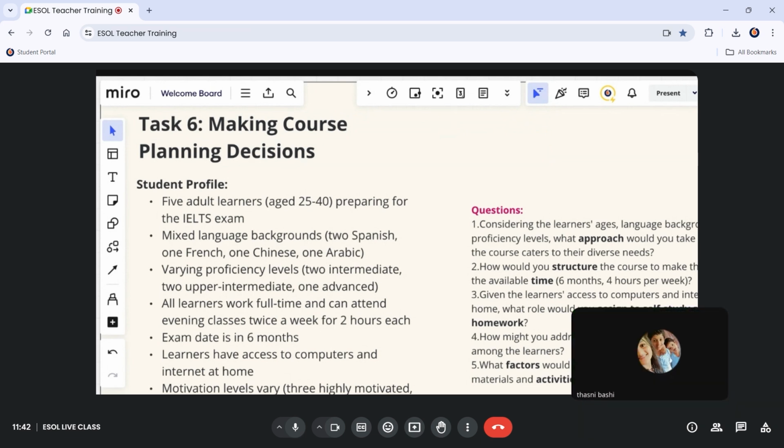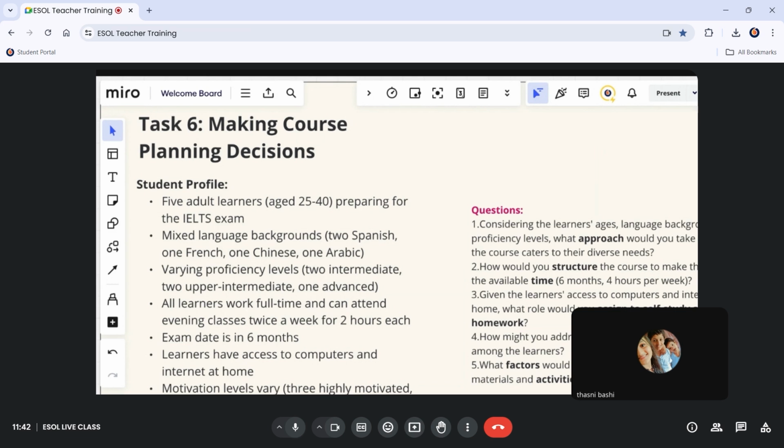Thank you. So considering the number one question, considering the learners' age, language backgrounds, and proficiency levels, I would definitely go for a differentiated instruction approach along with cultural sensitivity.